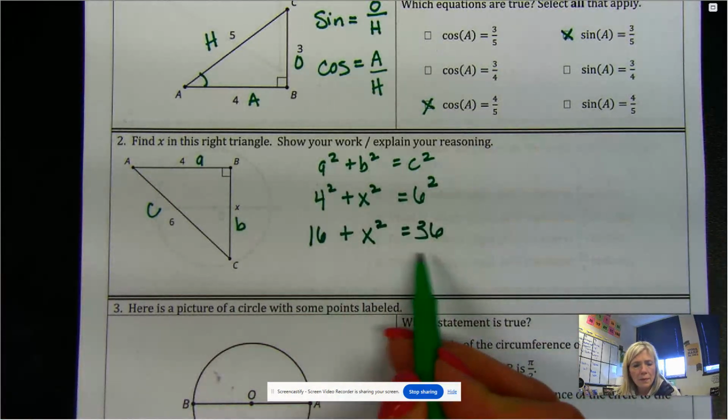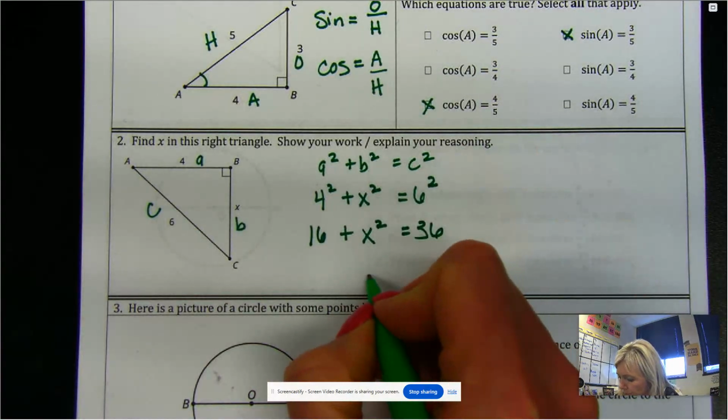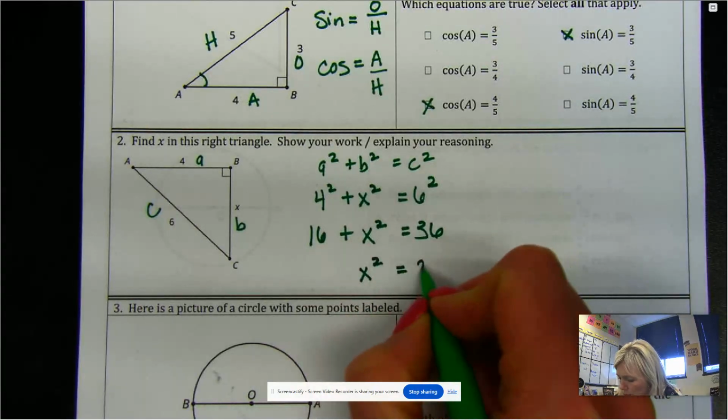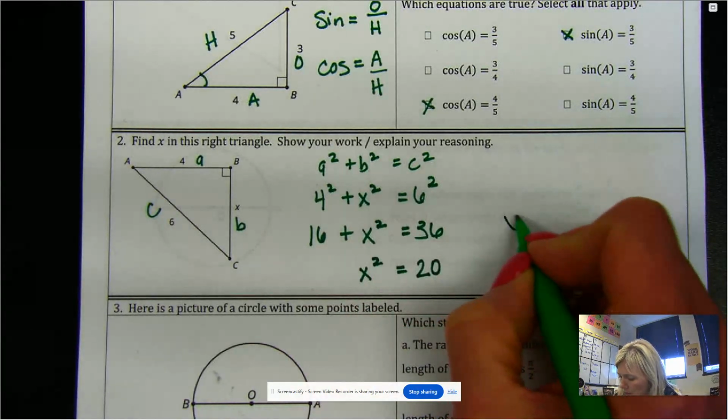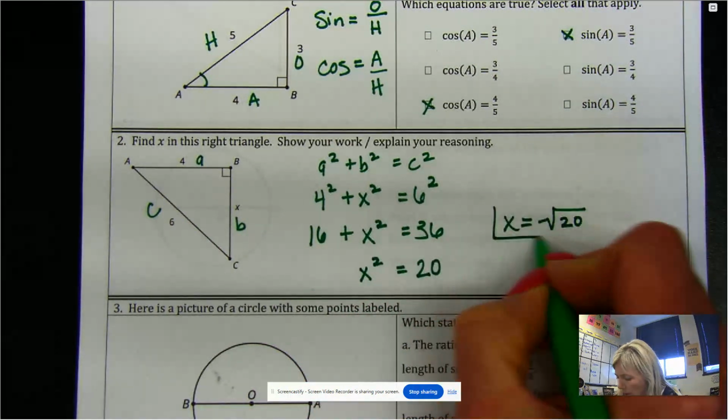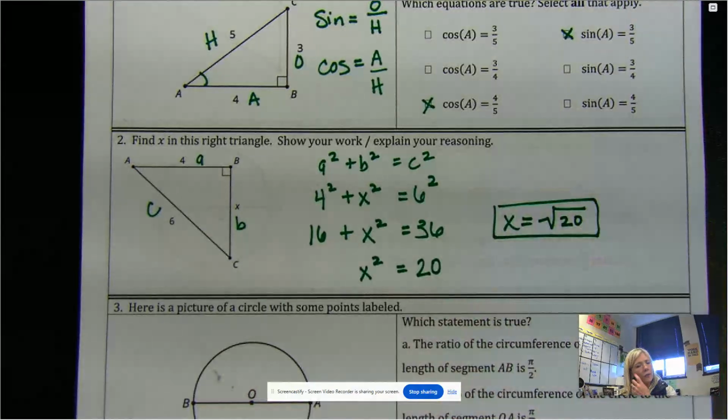So that means X squared must equal 20, 36 minus 16. I'm actually not going to use a calculator. So if X squared is equal to 20, then X is exactly the square root of 20. I'm just going to leave it like that. You could punch it into the calculator if you wanted to.